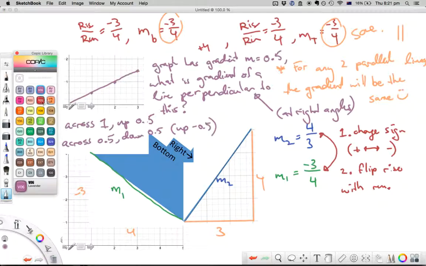So, for example, say we wanted to start here and draw a line that's perpendicular. Well, we know if we go across half, we have to go down 0.5. Or we could look at it the other way. If we go across negative 0.5, we have to go up 0.5.